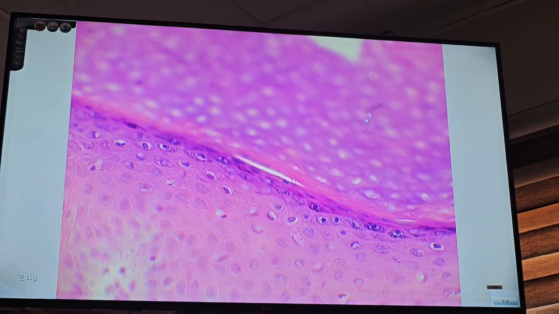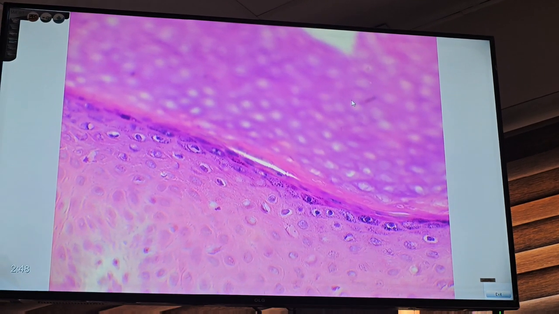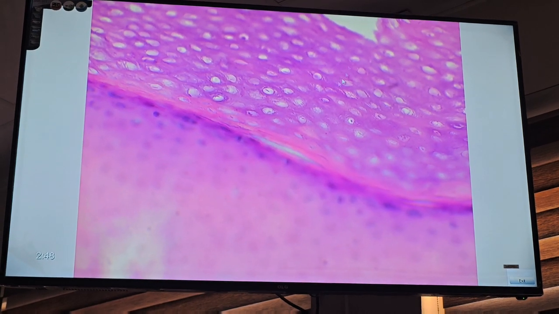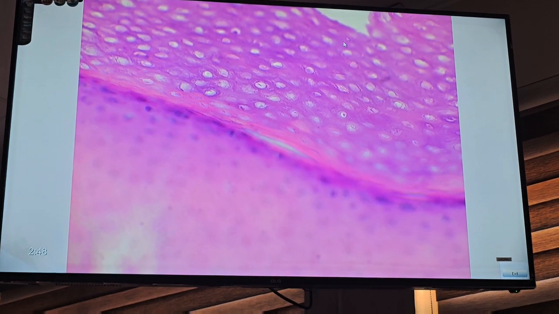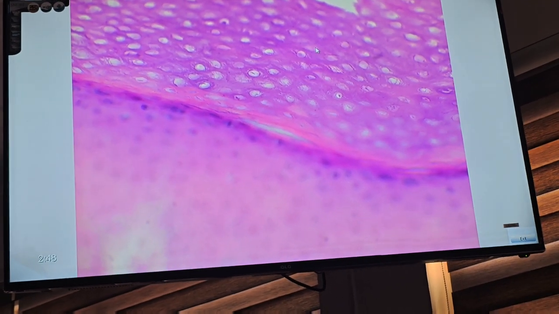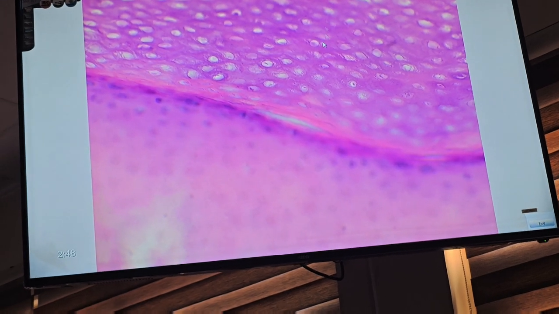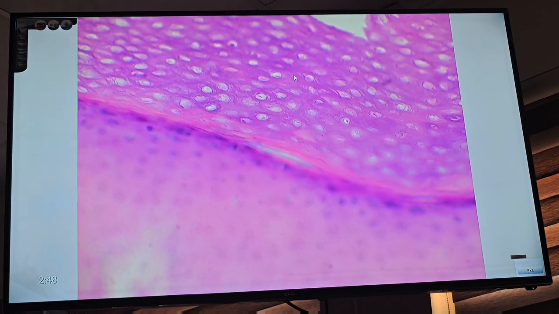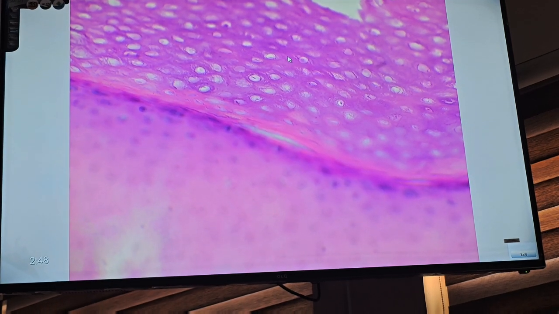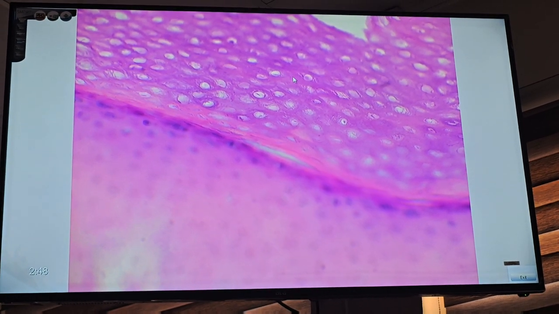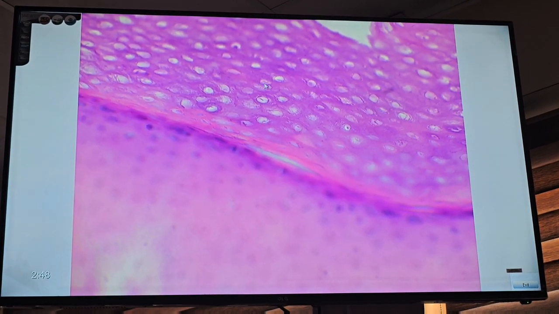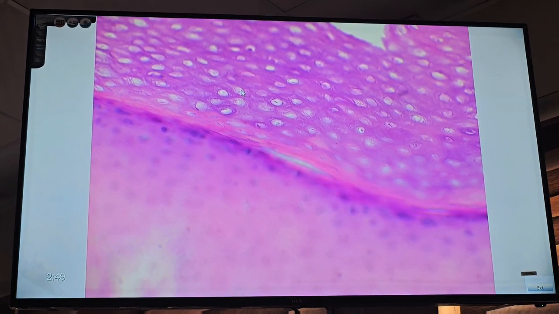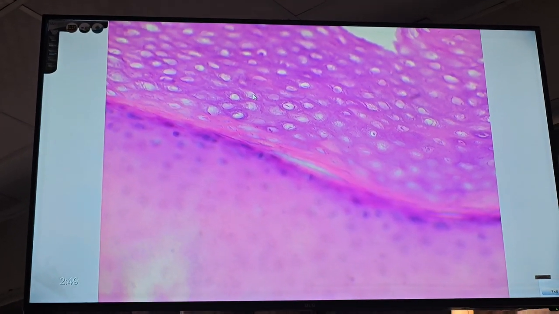The fifth layer, called stratum corneum, consists of 15 to 20 layers of flattened non-nucleated keratinocytes. The cytoplasm of these cells is filled with keratin filaments. You notice these vacuoles. You don't have nuclei.